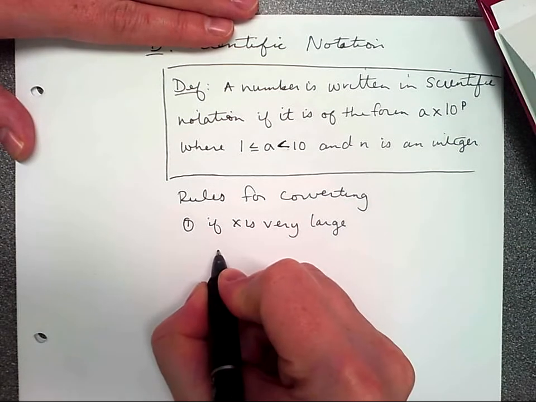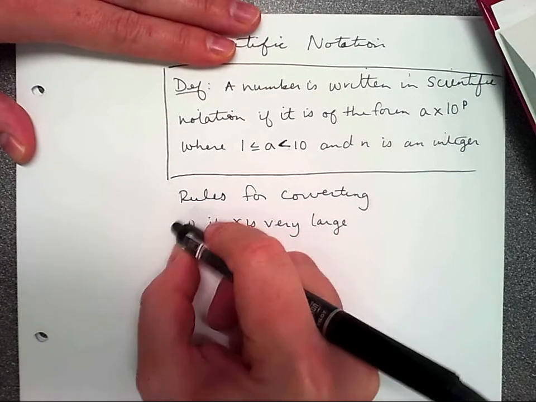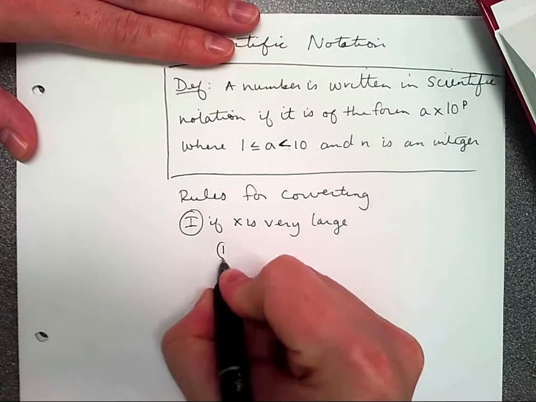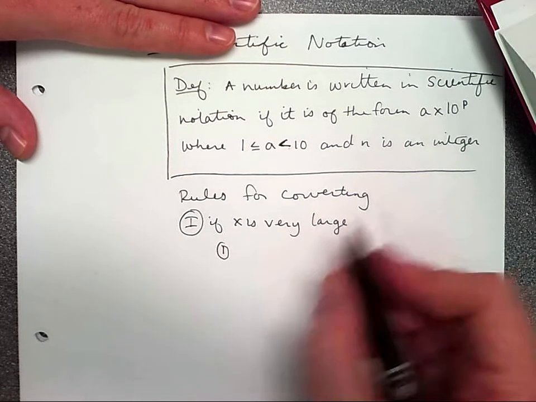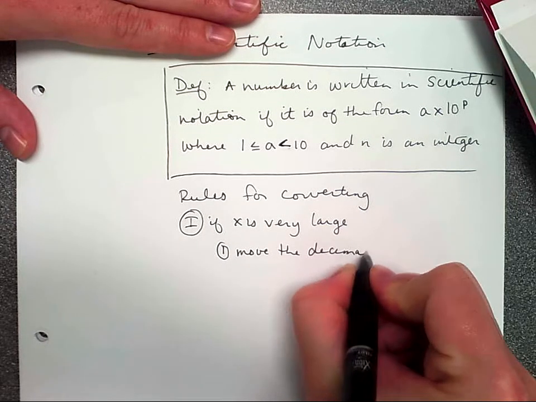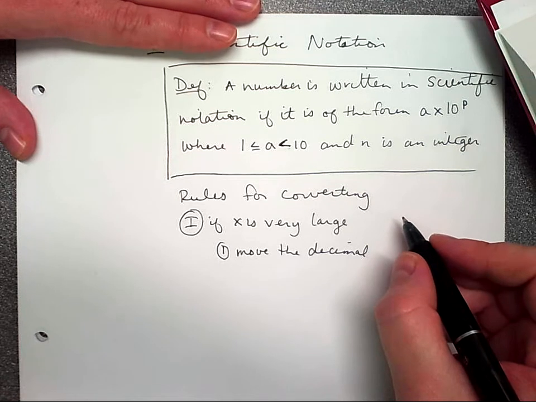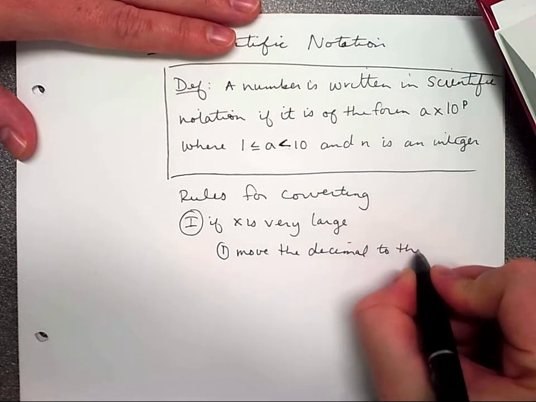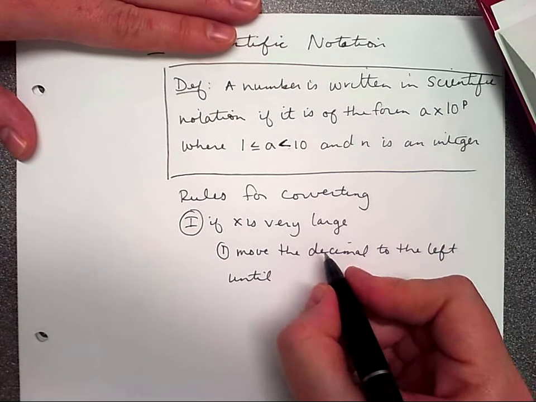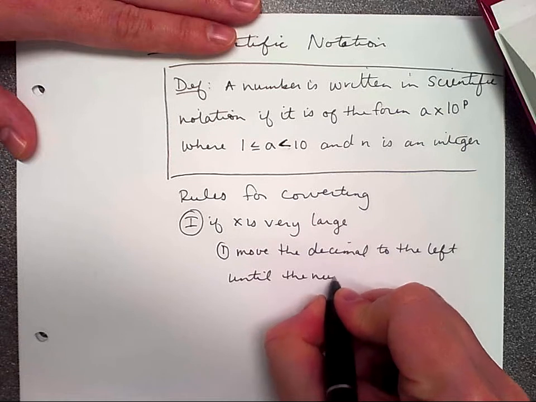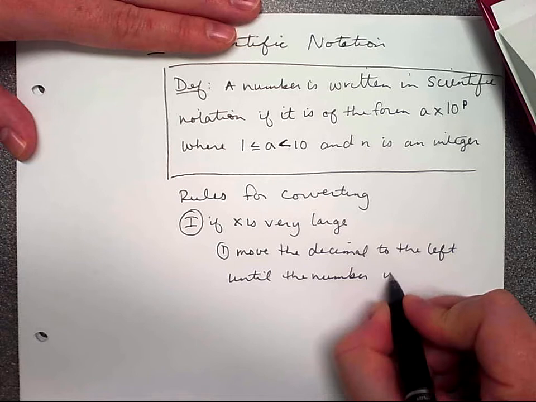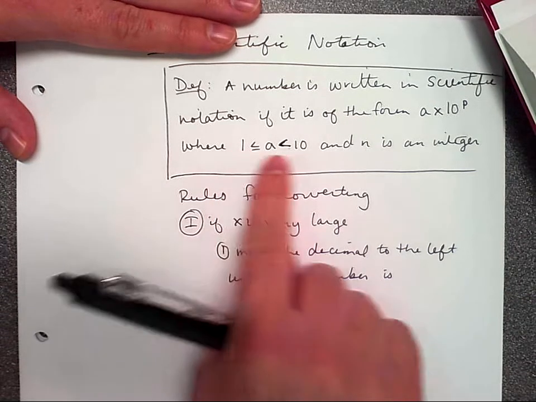I'm going to call this Roman numeral 1, and the first step is to move the decimal place to the left until the number is like this, right?